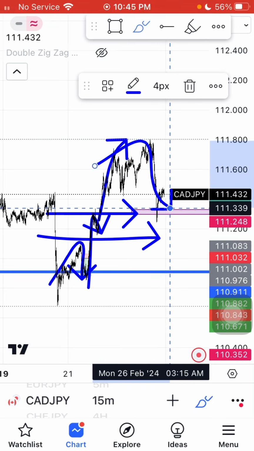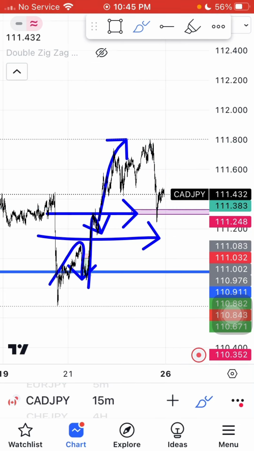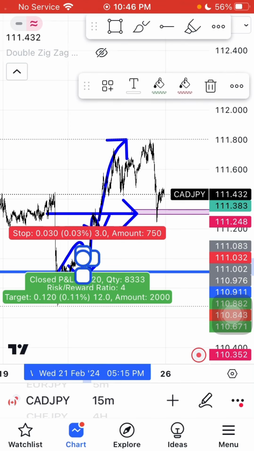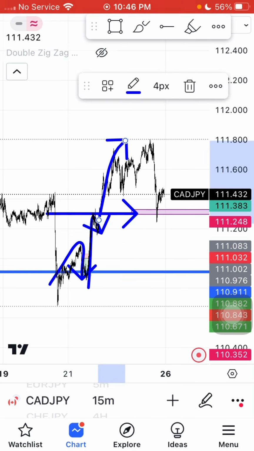So with this indicator, you are able to analyze the market more accurately and more precisely, both for beginners and advanced traders who do not really understand price action. Things will get simpler for you guys using this indicator, guys.